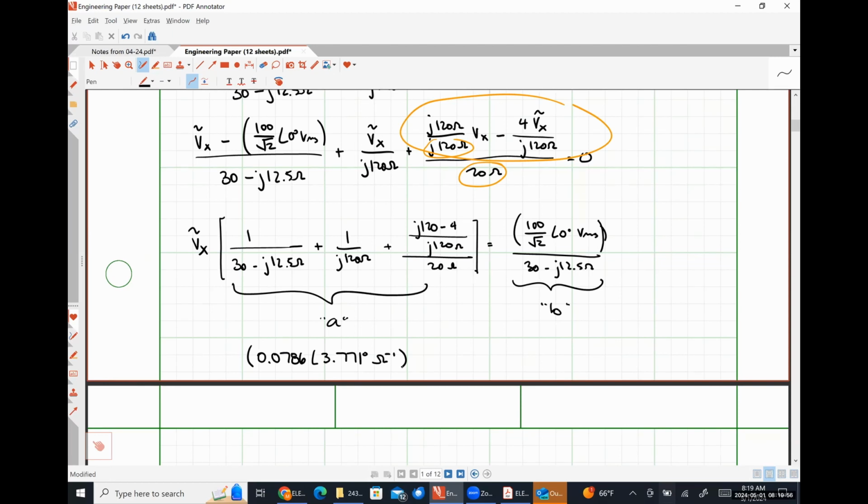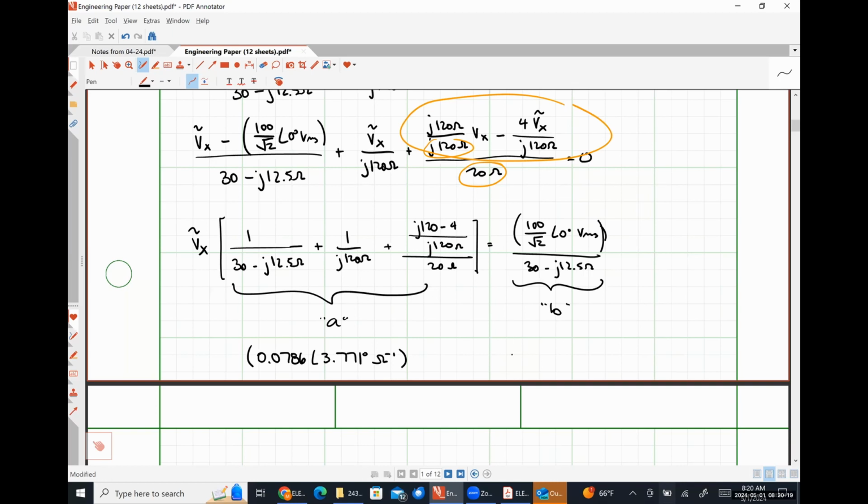On the other side, I have 100 over root 2 angle 0 divided by 30 minus 12.5 j.